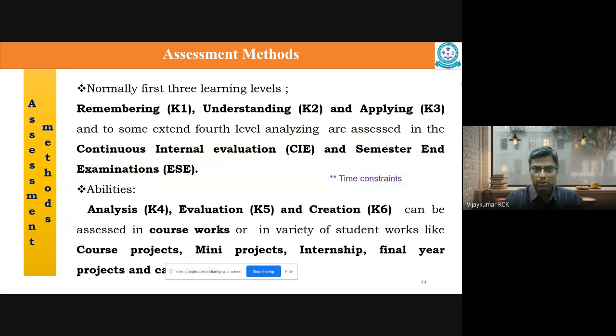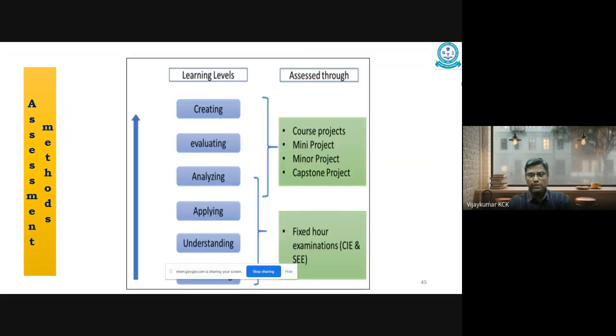So I have just described it here. K5 and K6 are followed in the projects, mini projects, internships, individual or team work, demonstrations and all that. We will ask them to do this, and we can assess the students' learning outcome through these K4, K5, K6. So this is described here. Fixed-hour examinations normally recommend remember, understand, apply, and analysis.